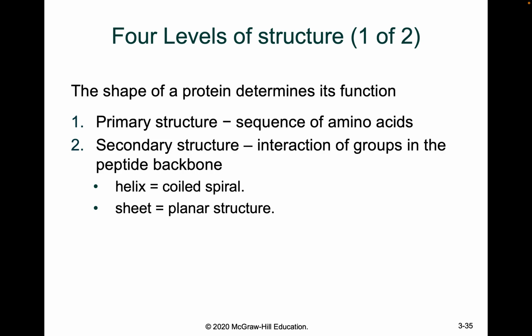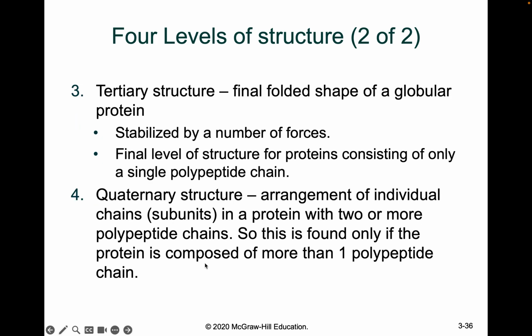So the difference between secondary and tertiary: secondary is just governed by hydrogen bonds, and they basically make them fold into the helix or beta sheets. Once they're folded, amino acids that were far from each other are now closer, and now other forces can come into play, like ionic forces, more hydrogen bonds, non-polar forces or polar forces, disulfide bridges. That's the difference.